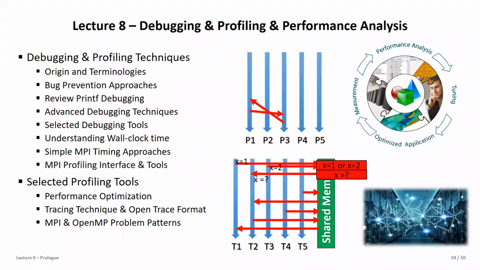We will see that there are different aspects where we can profile what's happening, and with this even identify certain patterns like a late sender, for instance, when you have different message exchanges in this parallel program.